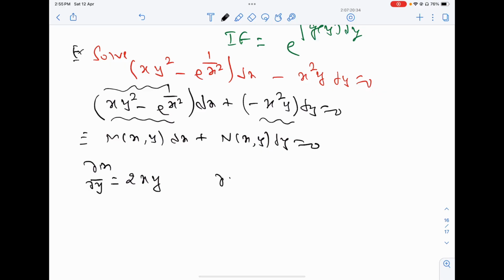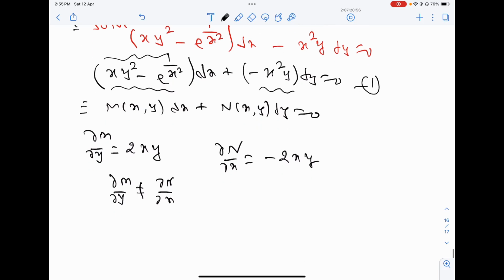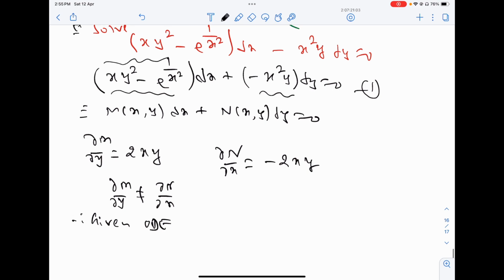And del N by del x is minus 2xy. These are not equal, so del M by del y is not equal to del N by del x. So the given ODE is not exact.